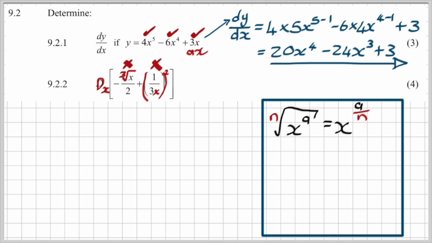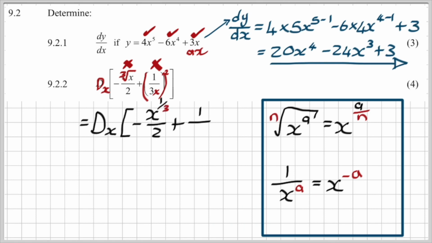As well, I need the exponential rule that says if I've got 1 over x to the a, it's x to the negative a. Those are the 2 rules that I need for this expression. So I'm going to still write dx. Okay?